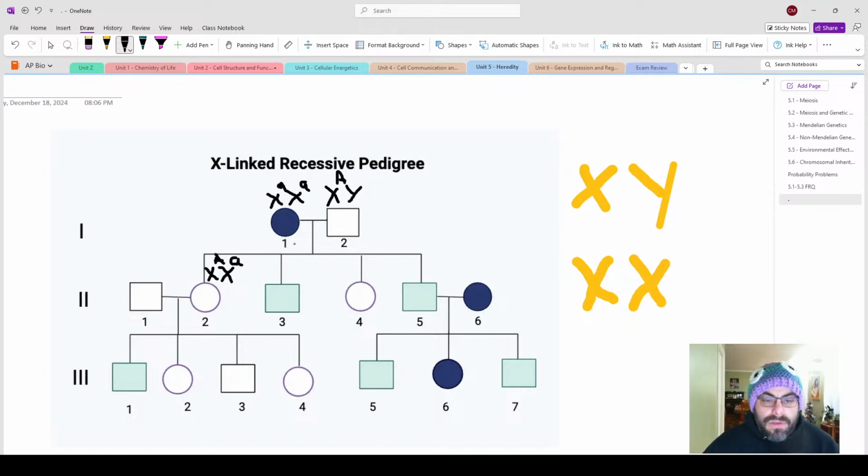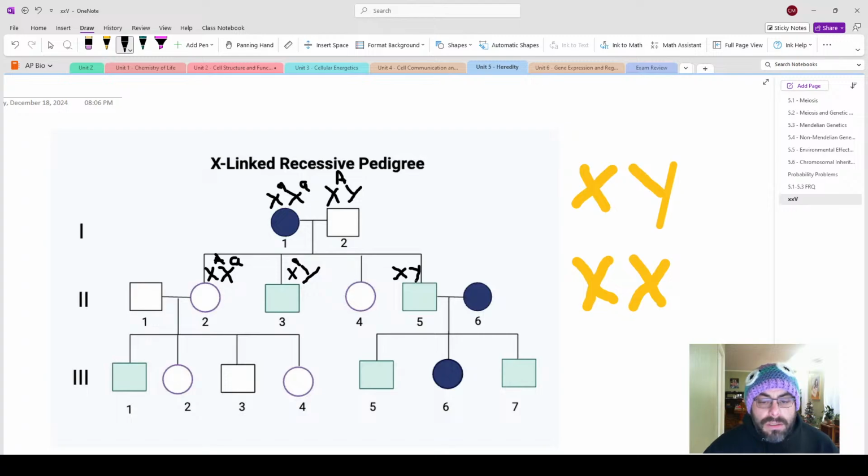And all of the sons are going to have the condition, right? Every single one of them. Why are they all going to have the condition? Where do the sons get their X chromosome from? From mom. If that's confusing for you, just draw a Punnett square, and you can see it happen on the Punnett square. But all the sons are going to have the condition.